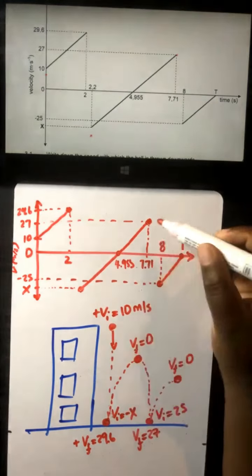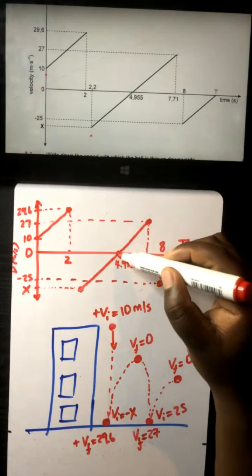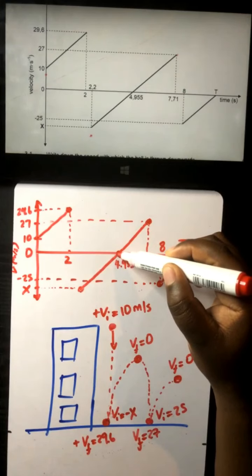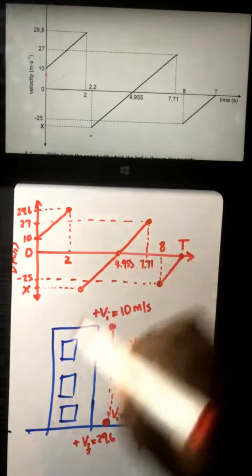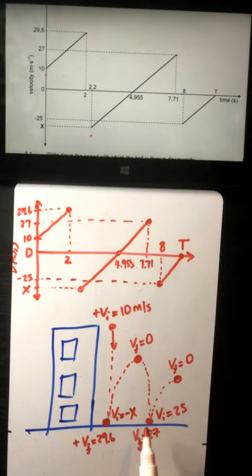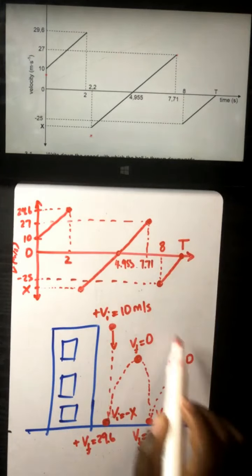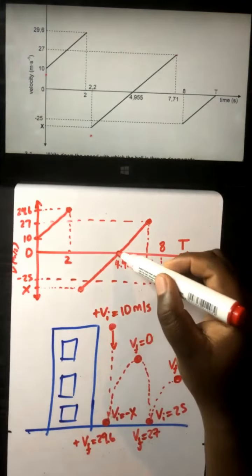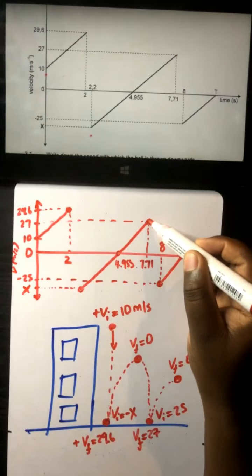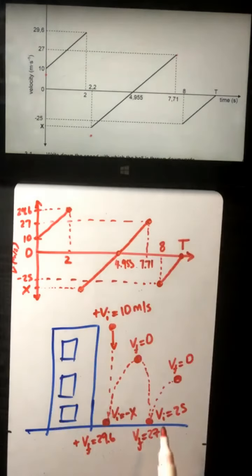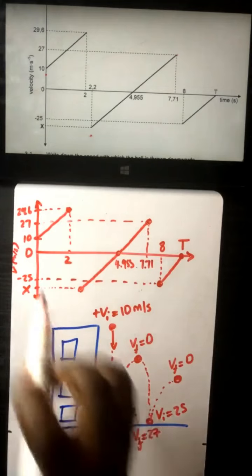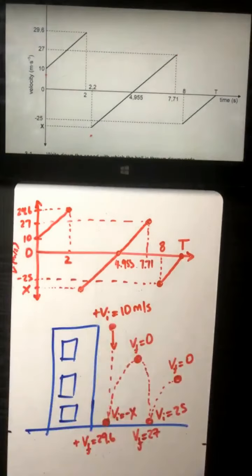So let me see, where was I? So I was explaining that part to say this point is that point on the diagram. So it strikes the ground. This is where it strikes the ground at that velocity of 27. And again, from there, what happens?